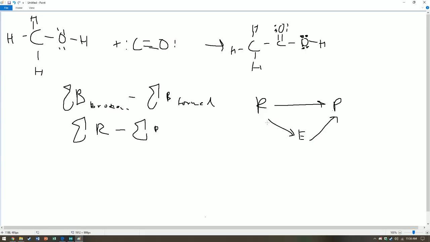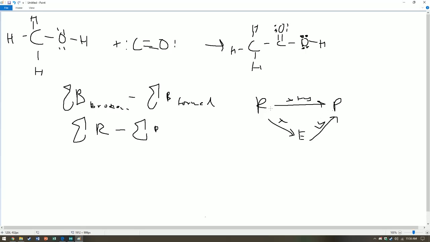When we did enthalpy change of formation, we did product minus reactant because we use the elements as an intermediate between the two steps, going from your standard state reactant to the elements and then to the product.